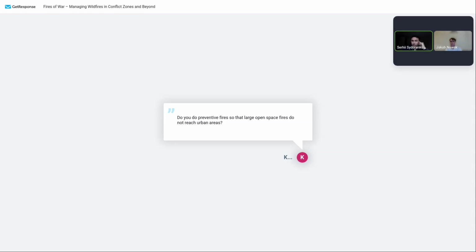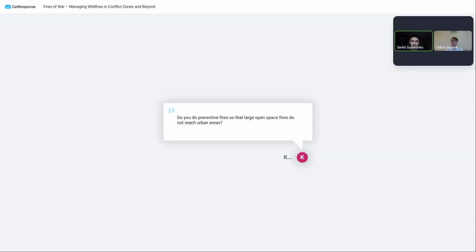Oh, good one. So in Ukraine, for a long time, preventive fires were totally forbidden. According to our legislation, we have no good fires, all fires are bad. But in May of 2022, we had a small change in legislation where we adopted the idea not of a preventive fire, but of what we call prophylactic burns.